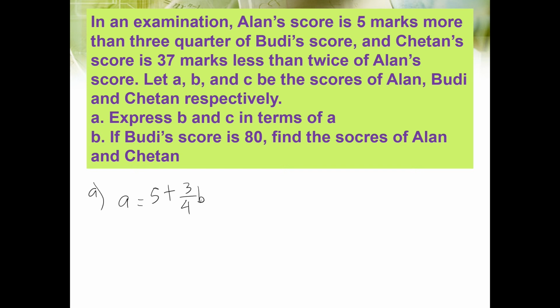And Chetan's score, changed with C, is 37 marks less than twice of Alan's score. So it means twice Alan's, 2A, minus 37. Why didn't I write 37 minus 2A? Because 37 marks less is the difference between Alan's score and Chetan's score.